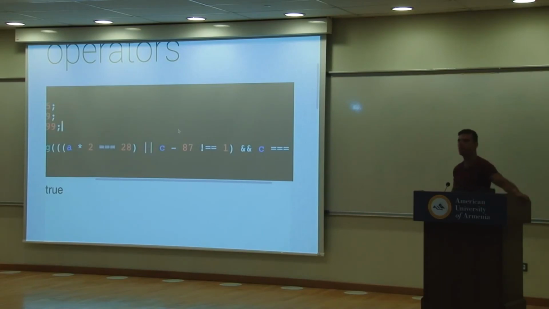An example of when you might want to do this: suppose someone logs into your website and gives you some username and password. And you know that the password is AUA amazing 123. You can compare their password to that string using triple equals.